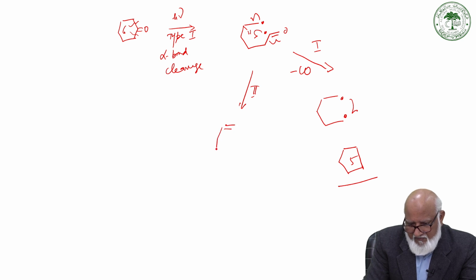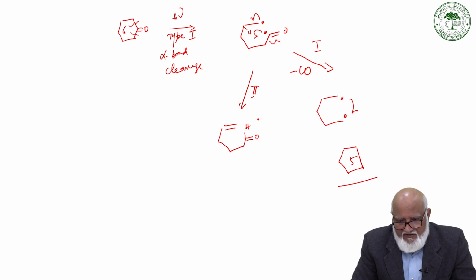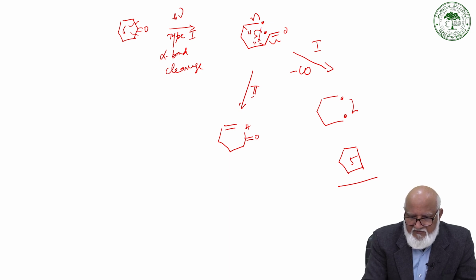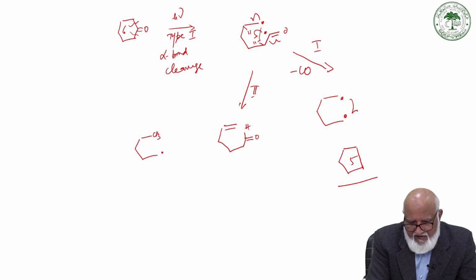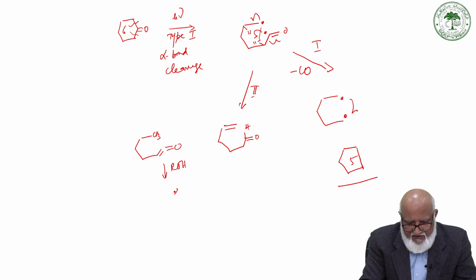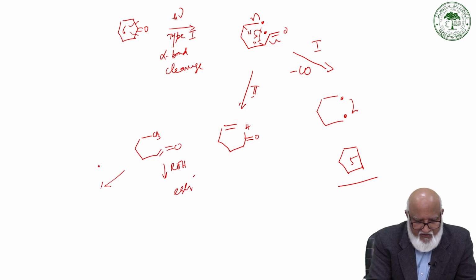So we end up with this, an aldehyde, and it is also possible that this radical will abstract a hydrogen atom from here, then it becomes a ketene. So this becomes CH3 and then this becomes a ketene, and then the ketene in the presence of solvent, say for example if we have an alcoholic solvent, we get an ester, and if you have a small amount of moisture, we get the corresponding acid.